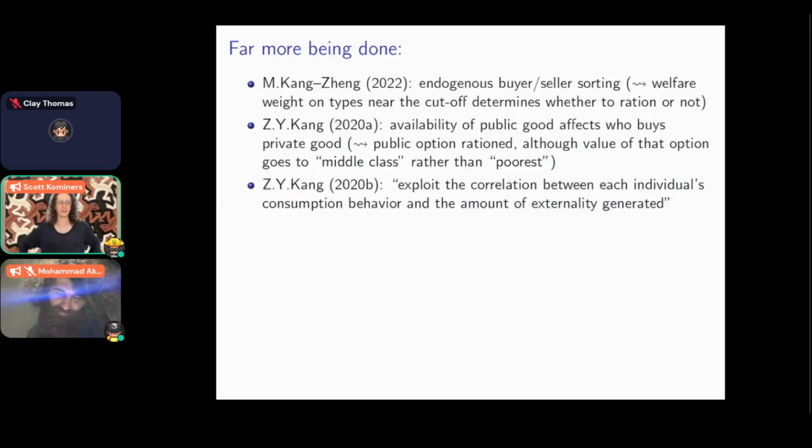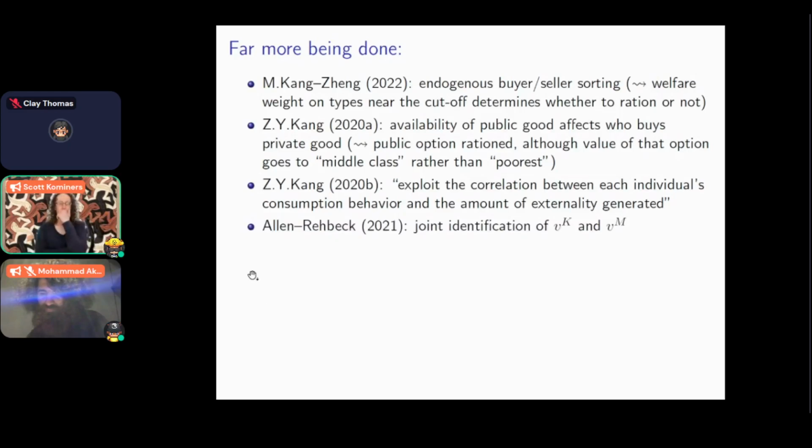And here again, if there is a correlation between the individual's consumption behavior and the amount of externality generated, you can exploit that in the optimal allocation rule, just like in our context. It's essentially the same underlying dynamic: we can use people's behavior to infer what their average externality is likely to be. And again, that all goes into this weighted welfare function.